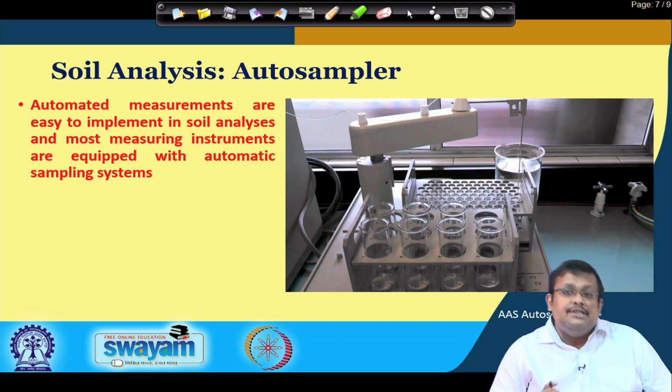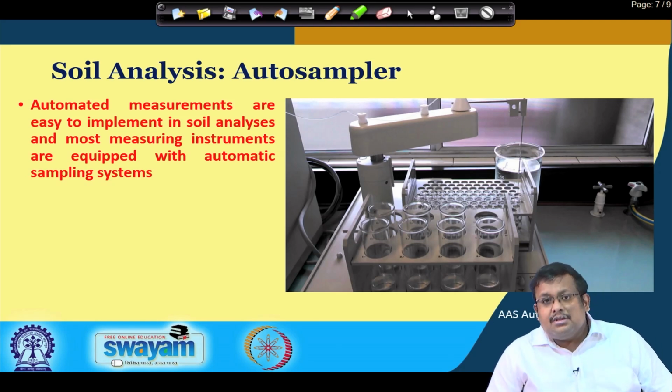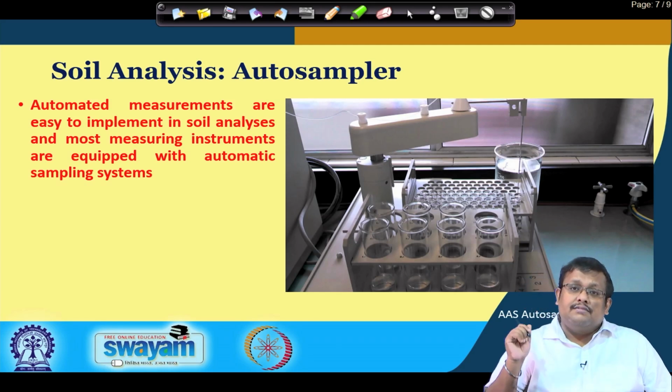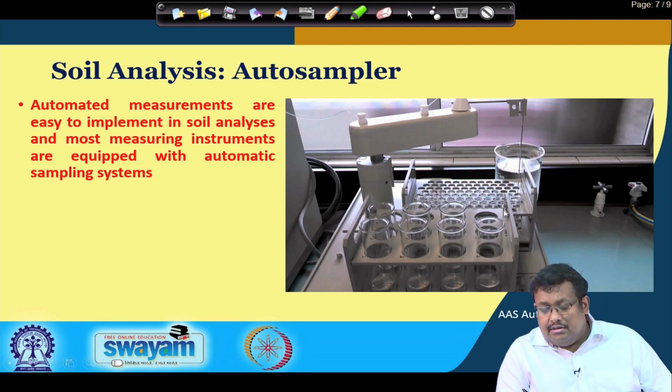All the sophisticated instruments we use nowadays, like ICP-AES and atomic absorption spectrophotometry, have an auto sampler attachment, which helps with automated aspiration of the chemical from different wells or solutions. So, this is the auto sampler. This is very important.